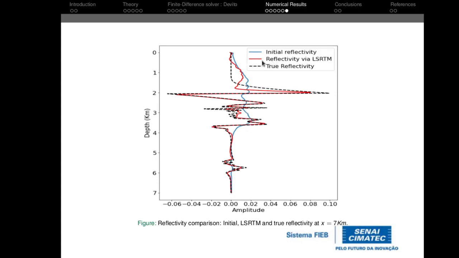The red one is the reflectivity after 100 iterations of least square RTM. After the inversion, it matches way better than the blue one, and it means that it's working properly. And this is just a profile that I extract from the reflectivity at x equals 7 kilometers, and you see that the algorithm is working properly.